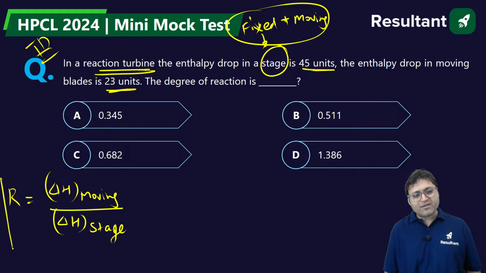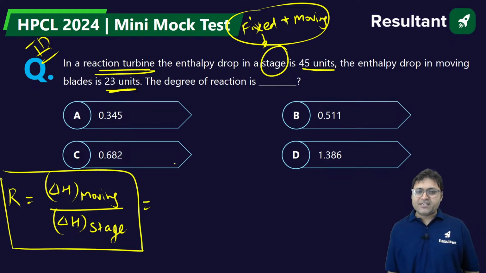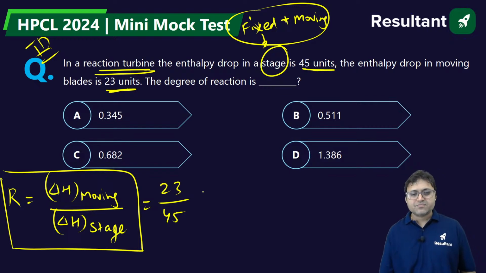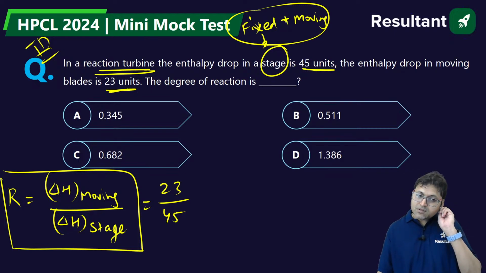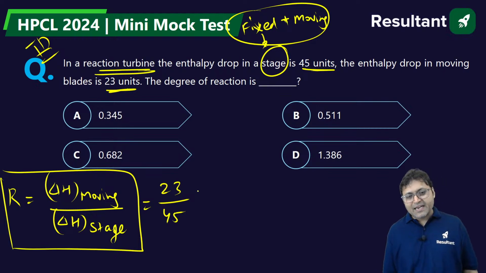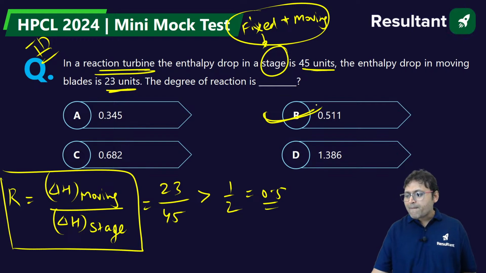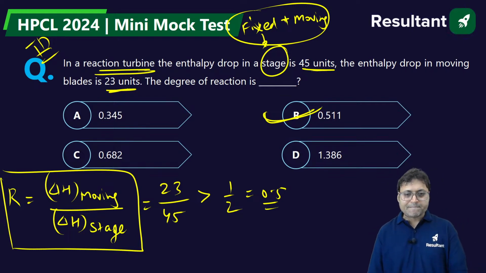This is the formula for degree of reaction. So it is directly formula based, 23 upon 45 will be the answer. It is slightly greater than 1 by 2, isn't it? It is slightly greater than 0.5. 0.511 is the correct answer.